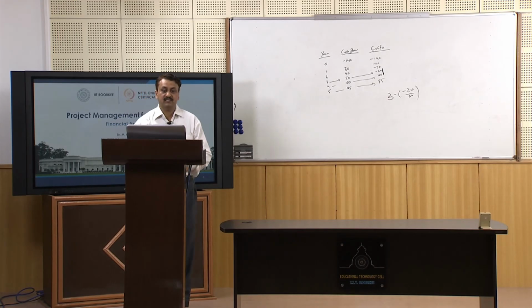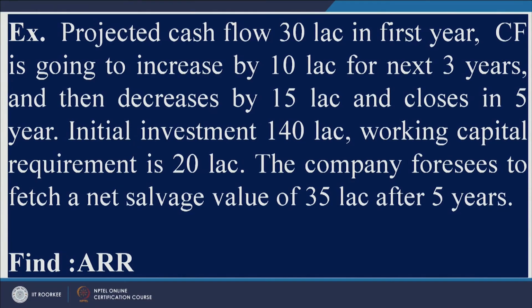This is a question which I would like you to work out. What is the question? Projected cash flow is 30 lakh. It is the same question which we solved a couple of minutes ago. Projected cash flow is 30 lakh in the first year, it is going to increase by 10 lakh for the next 3 years and then decreases by 15 lakh and closes in the 5th year.